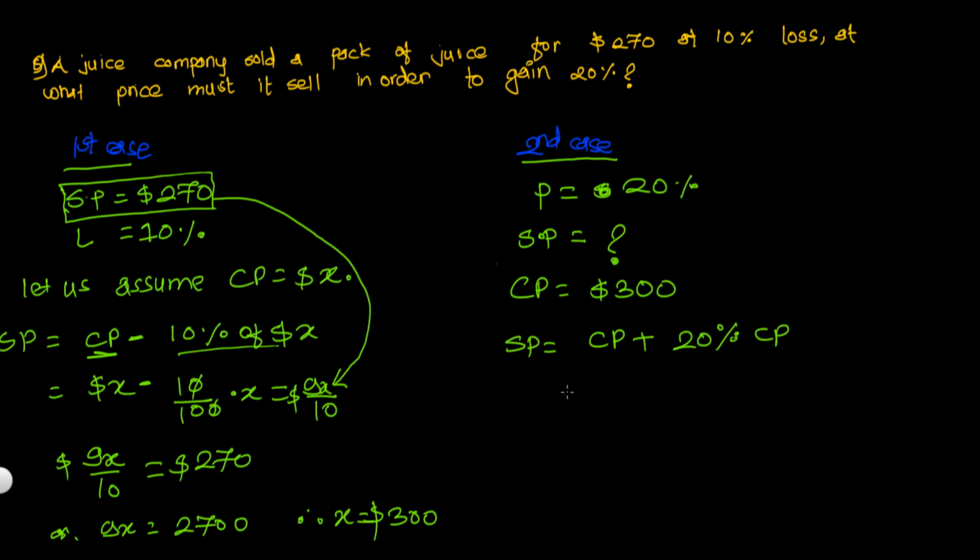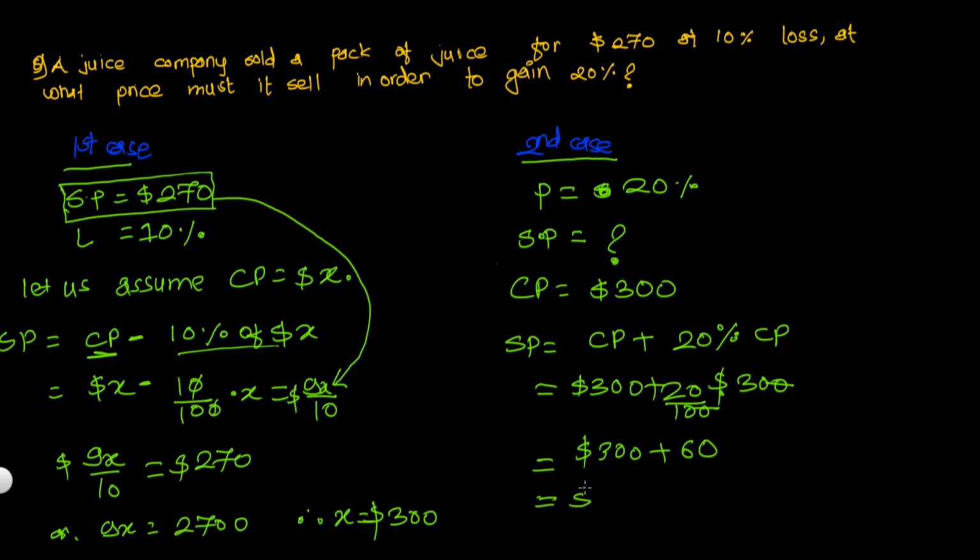So our SP is CP, which is $300, plus 20% of CP, and CP is again 300. On solving this, it will be 300 plus, 2 times 3 is 6, which is 60.